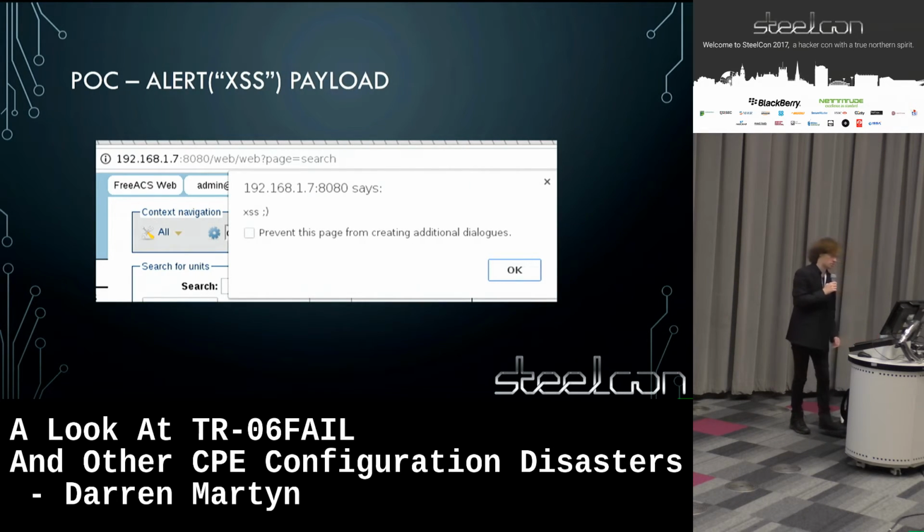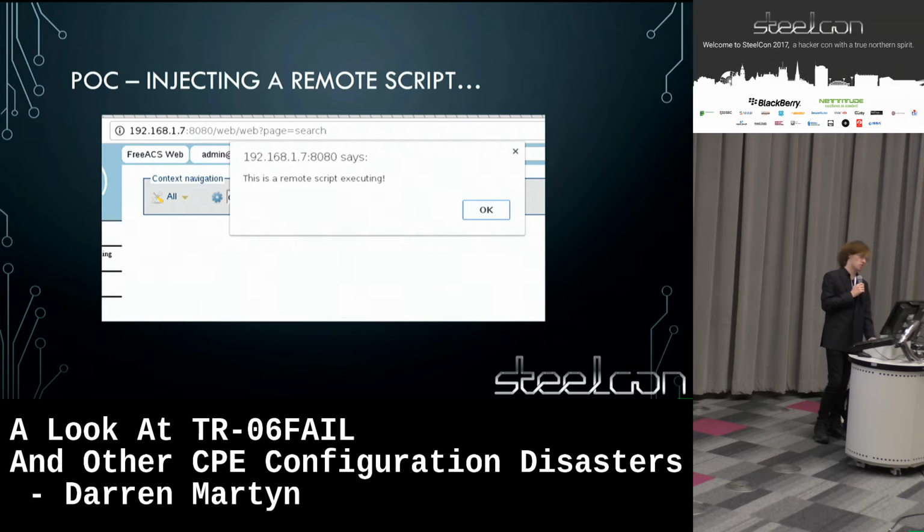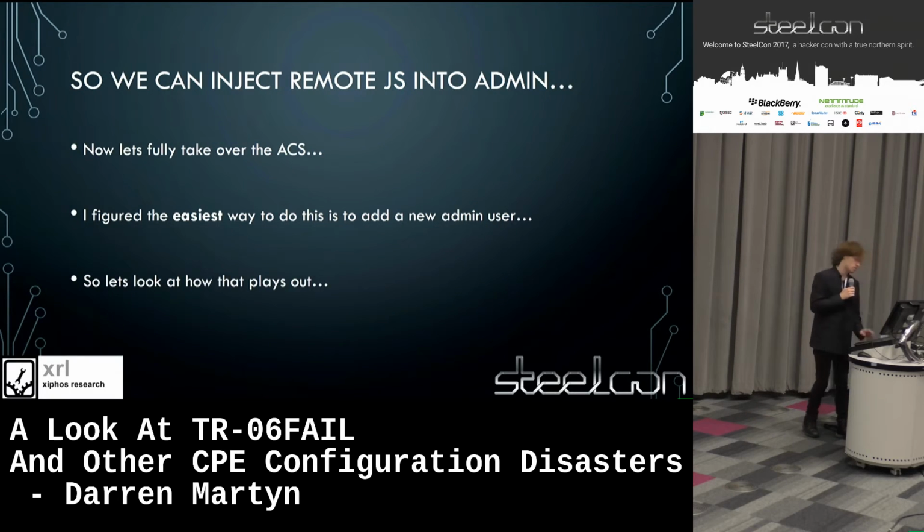So it worked. This is another alert box because we're living in the land of alert boxes. And then I thought to myself, can I inject a remote script so I can do more shit and get around the char length limitation? Yes, I can. So what happened next was, okay, you can get JavaScript to run inside the admin session.